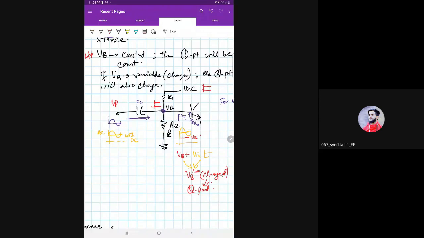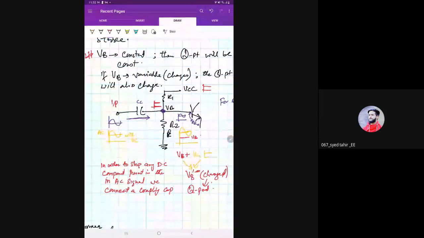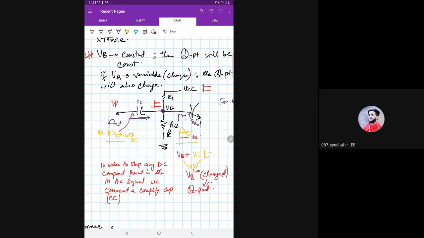So in order to stop any DC component present in the input AC signal, we connect a coupling capacitor, which is CC. तो now we have a capacitor here. जब हम कैपेसिटर के थ्रू इसको पास करेंगे, it will block the DC component and it will only allow AC component to flow.